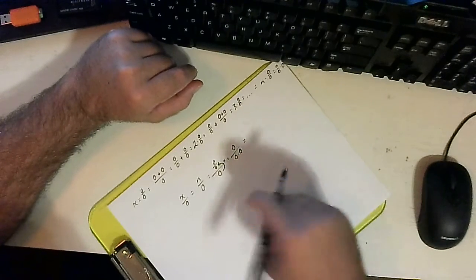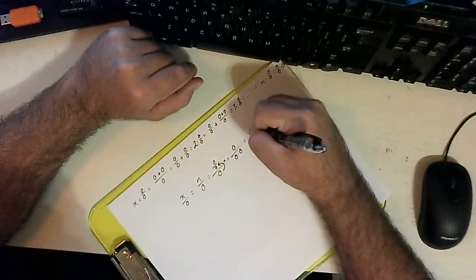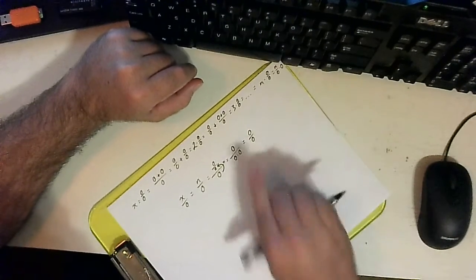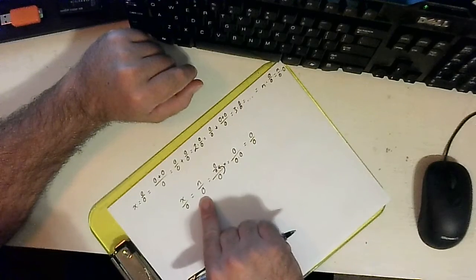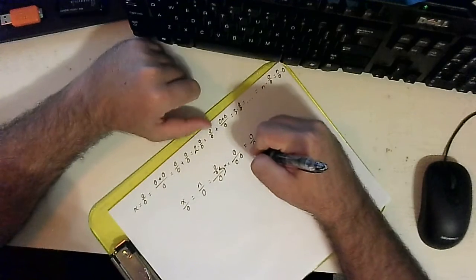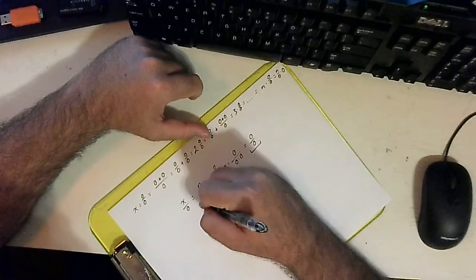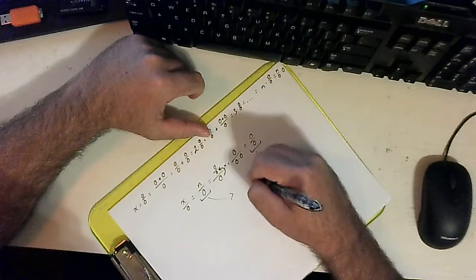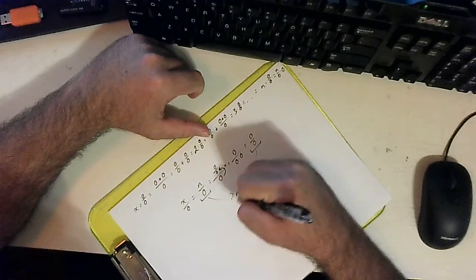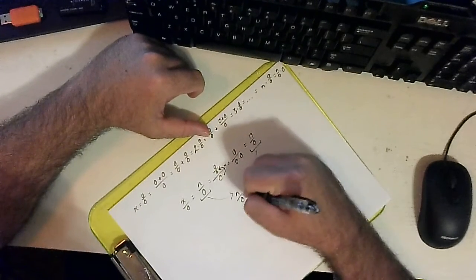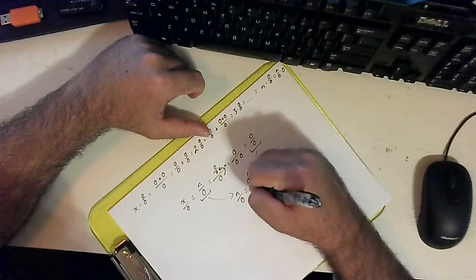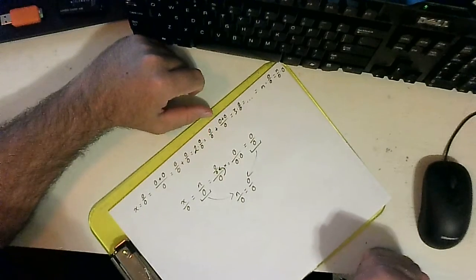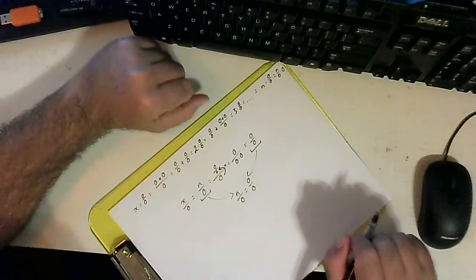Well, 0 times 0 is 0, so we're going to get 0 over 0 equals n over 0. So take these two components, bring them together into a nice, clean, any number divided by 0 is the same as 0 divided by 0. And there you go.